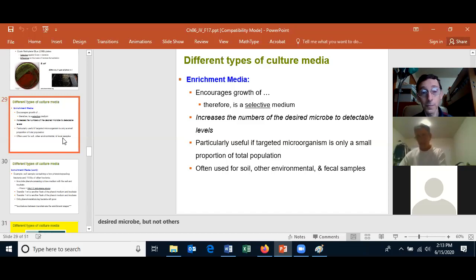So an enrichment media increases the number of desired microorganisms, generally to a detectable level.